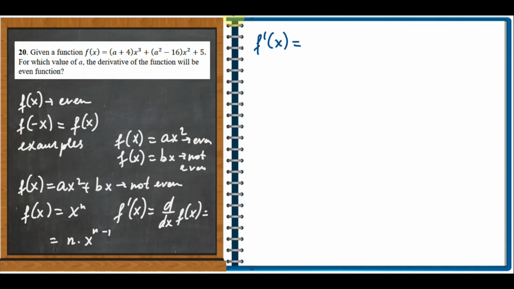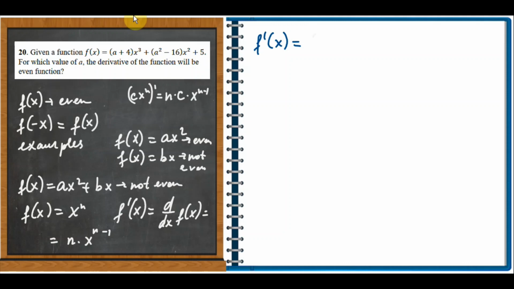One more thing: when we have c x to the power of n, it's the same as n comes in front of x, and c, we don't touch c, x to the power of n minus 1.